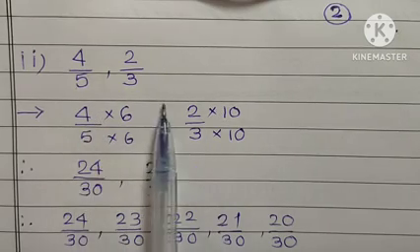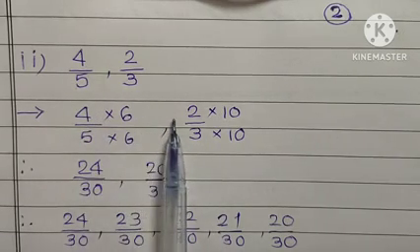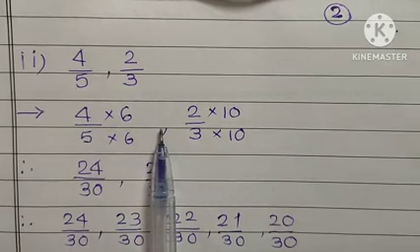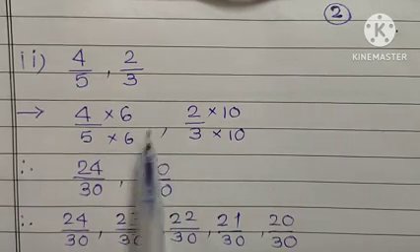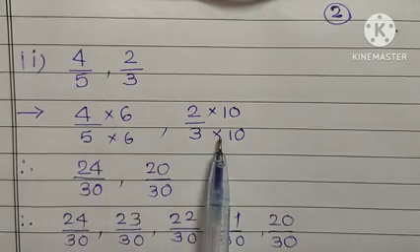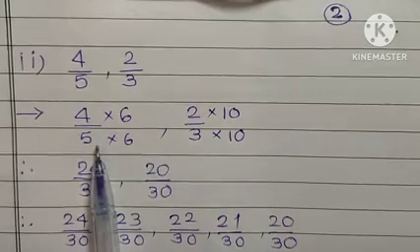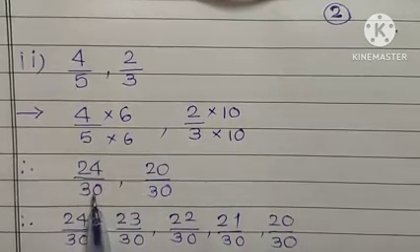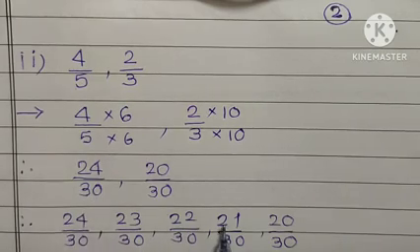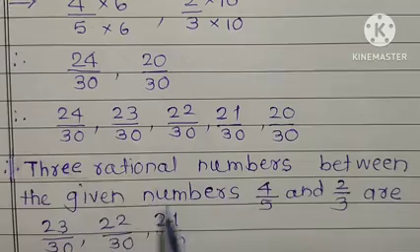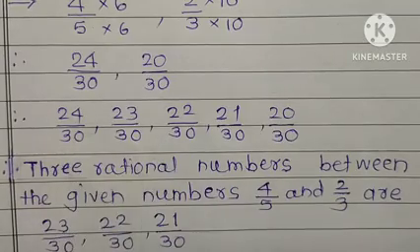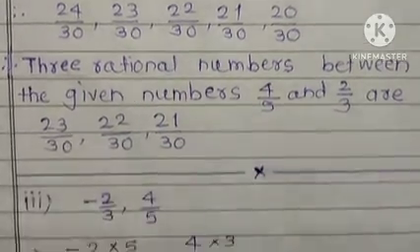So you will only get one number, but we want 3 numbers. That's why this denominator should be larger. Instead of 15, if you take 30, you will get 3 numbers. Okay. So please note this point. Example 3.